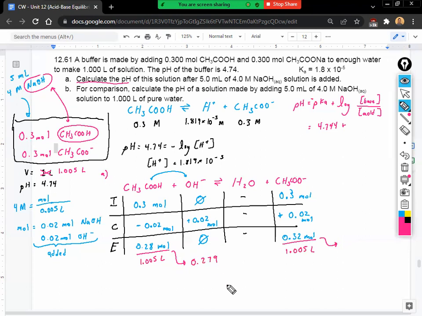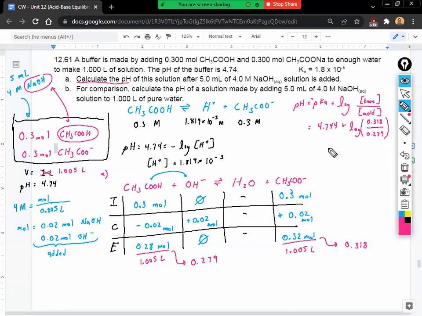I'm gonna round that up to 9. So we're going to do the log of 0.279 on the bottom. And then for your base, 0.32 divided by 1.005, that's going to give you 0.318. And that's what's going to go on the top. Okay, and then so we're going to do the log of 0.318 divided by 0.279.